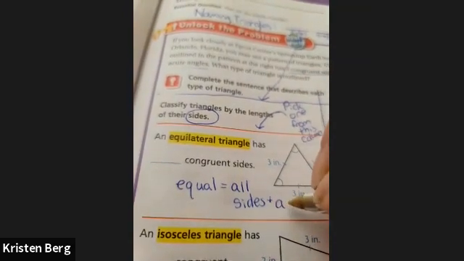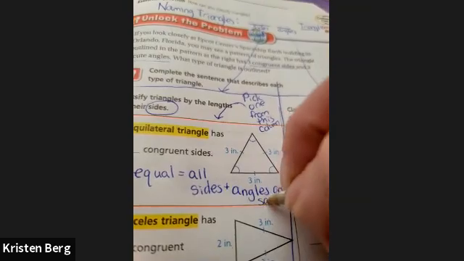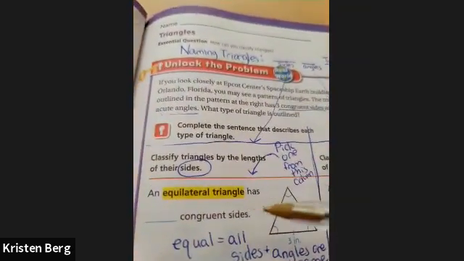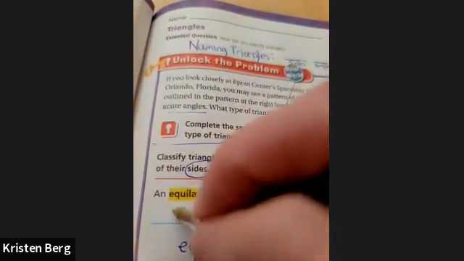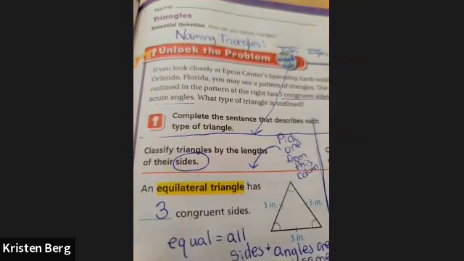All sides and angles are the same. So this is an equilateral triangle. How many equal sides does it have? Well, it has 3 equal sides. We're just naming the sides right now.